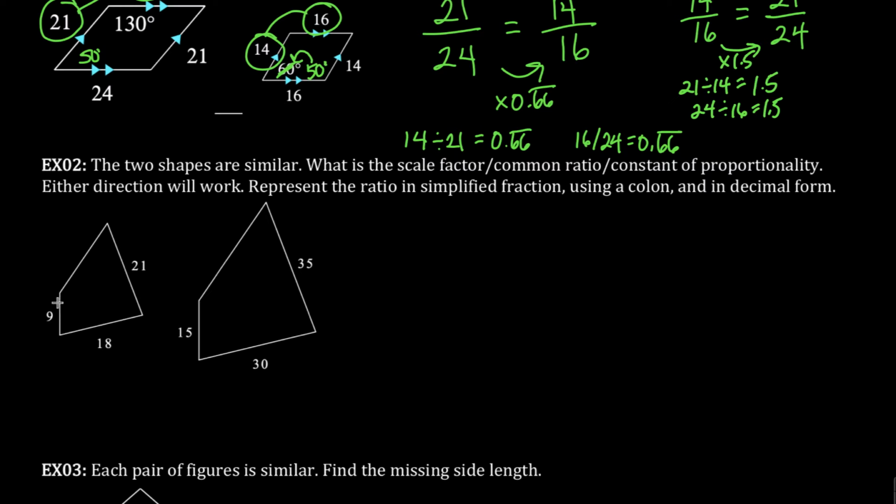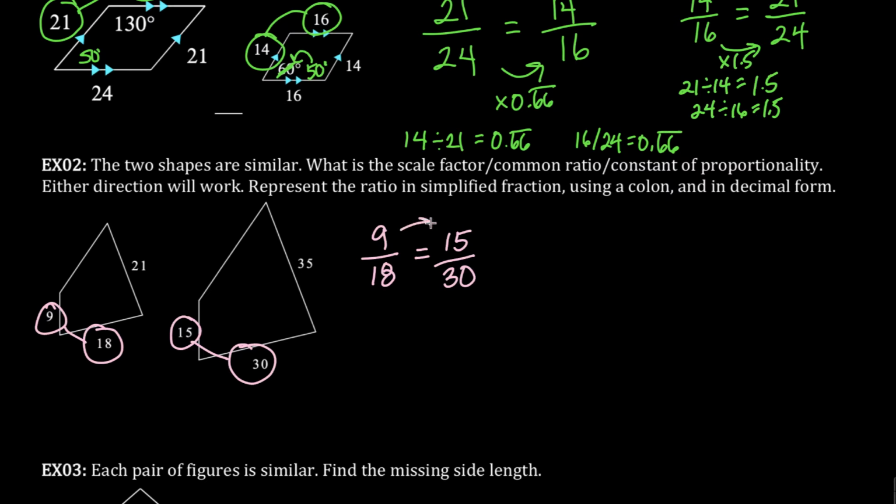So we know that they're similar. So I'm going to do 9 over 18, and 15 over 30. So 15 divided by 9 is 1.66 repeating.